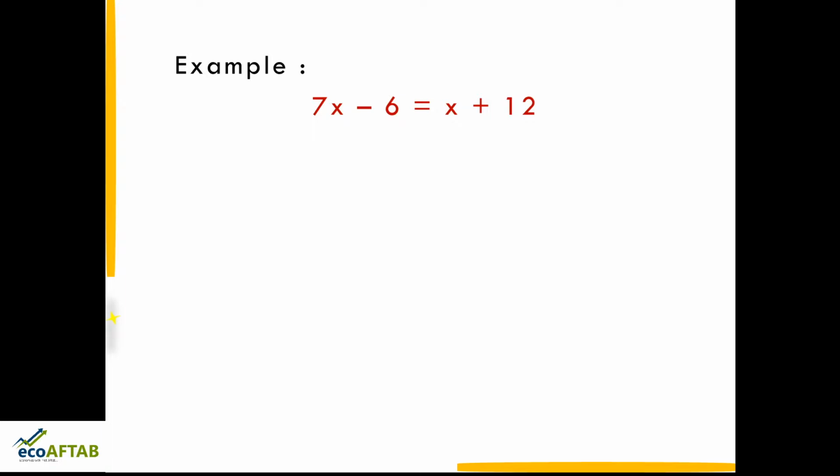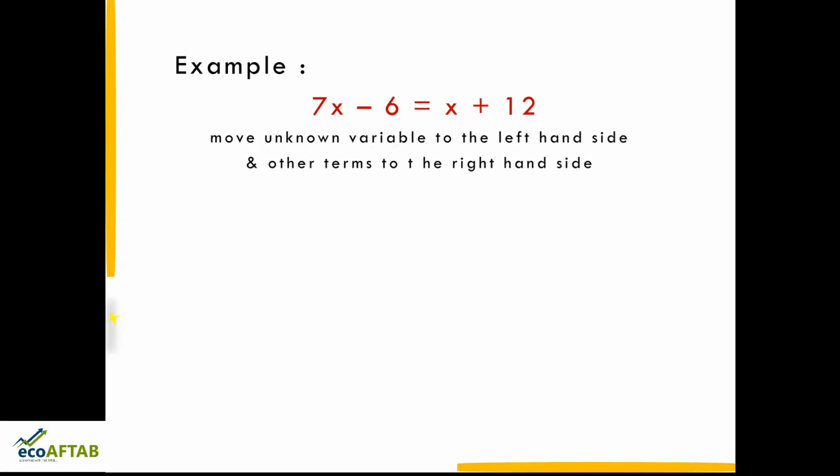If you want to solve for x, then as the previous slide says, what we have to do is move the unknown variable to the left hand side. Here, which is the unknown variable? We have x, which is the unknown variable, and then all the other terms go to the right hand side. So x needs to go to the left hand side and 6 needs to come to the right hand side. If you want to solve this, how will it be solved?